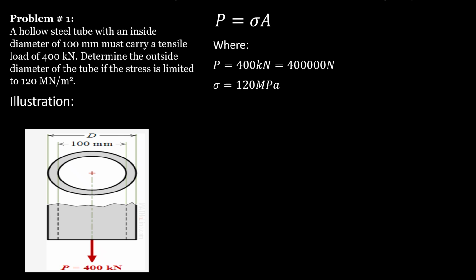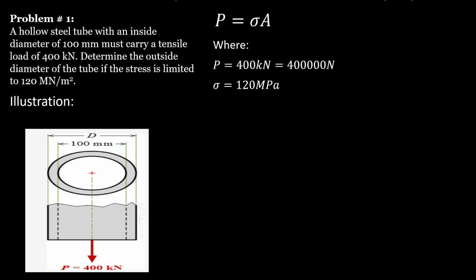And in our given figure, as we can see, there are two diameters. We have the inner diameter with a measurement of 100 millimeters and the outer diameter which is actually unknown.